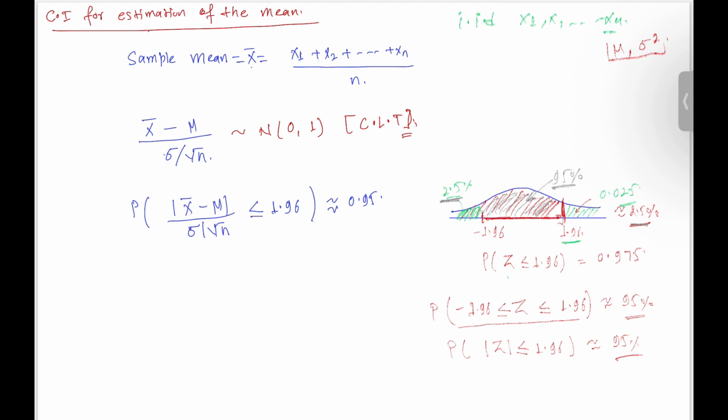Right, now we can proceed. We will have to do some algebra and find the upper bound and the lower bound for this mu. So how can we proceed? We can bring this to the right hand side. This event will be the same as writing this event, that is less than or equal to 1.96 sigma divided by root n.